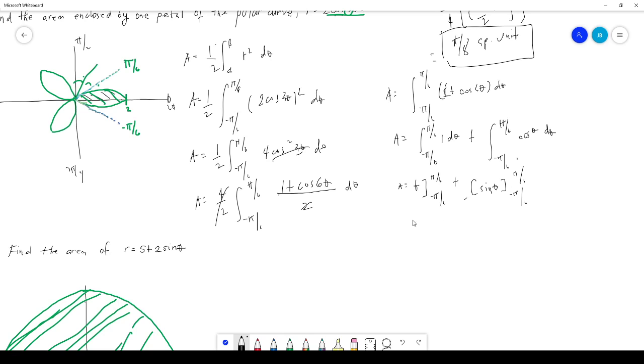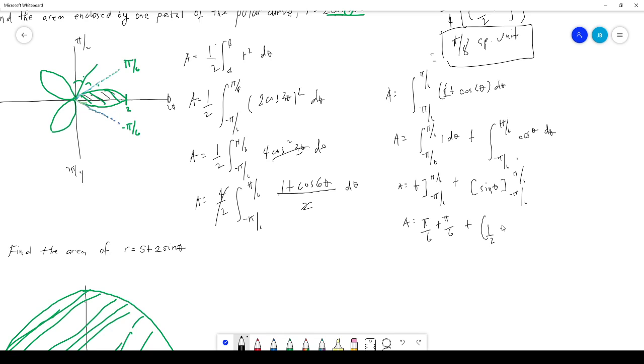So therefore this is pi over 6 minus negative pi over 6, so that's plus pi over 6, plus sine pi over 6. Let's use our calculator. I'm sure that would be 0. No, it's not. So sine pi over 6 is 1 half. I was not sure, actually.